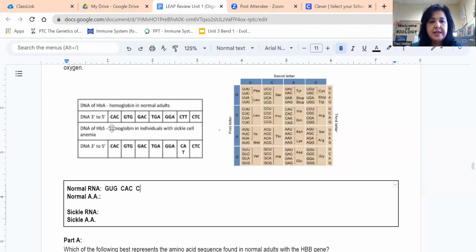GAC is going to be CUG. TGA is going to be ACU. Yeah, I'm right here now. GGA is going to be CCU. CTT will be GAA. And then the last one right here, CTC will be GAG.